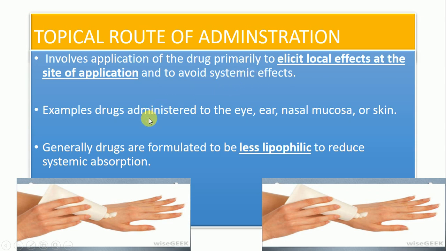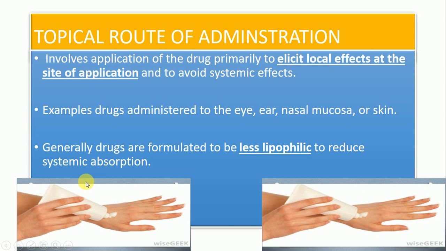For example, there are some drugs that we administer to the eye, to the ear, to the nasal mucosa or skin. As you see in this photo, someone is applying a drug on the skin, and this illustrates the topical way of drug administration, by which we apply the drug directly on the intended site.